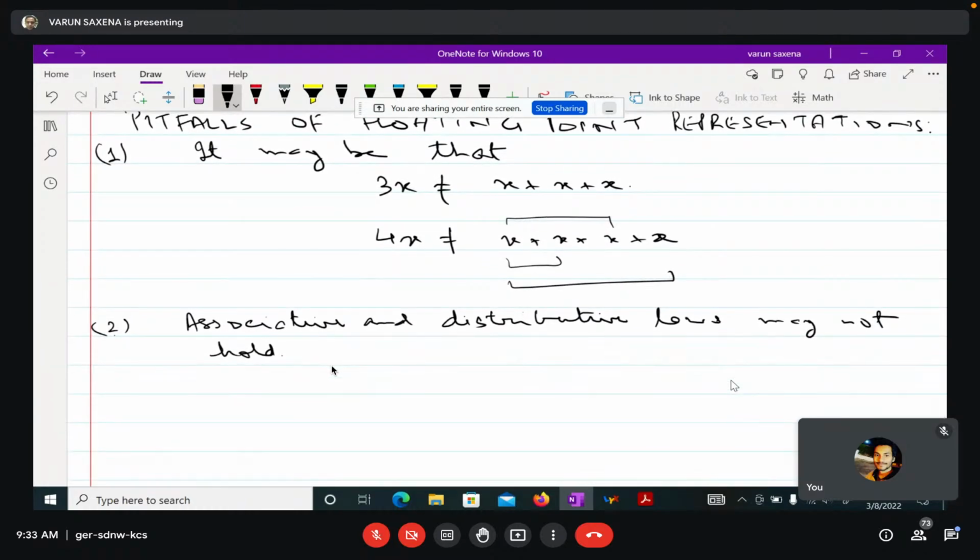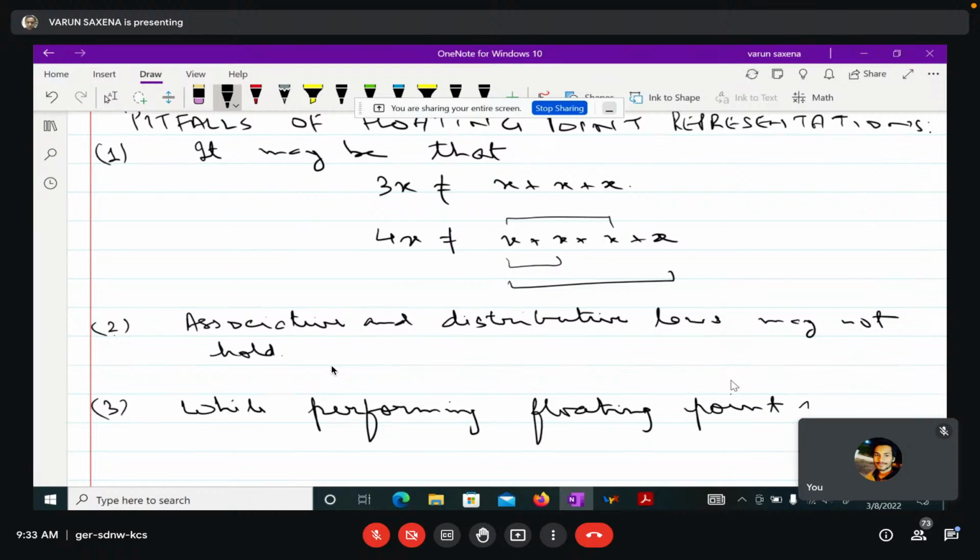And then there is another thing, that while performing floating point arithmetic, the equalities of equations may not hold.